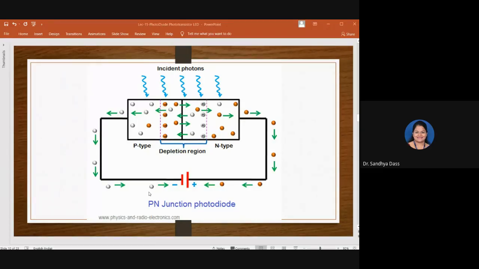Okay, so similarly, holes from the P side will get attracted to the negative potential of the battery, and there is a flow of current. So this flow of current depends on the intensity of the light falling on the junction.